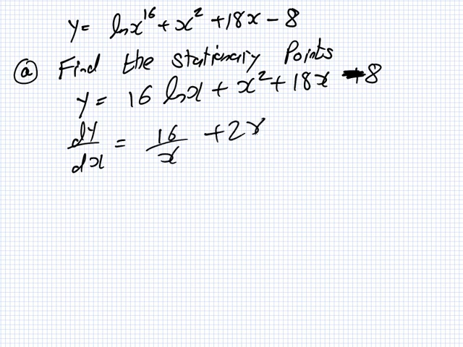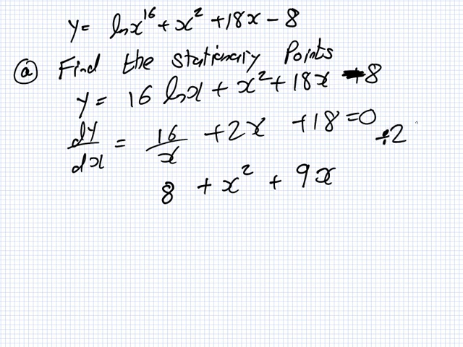Plus 2x plus 18 equals 0. I will multiply by x and divide by 2. So this will be 8 plus x squared plus 9x. I divided by 2 and multiplied by x. So that's 8, 1, 9, 1x.